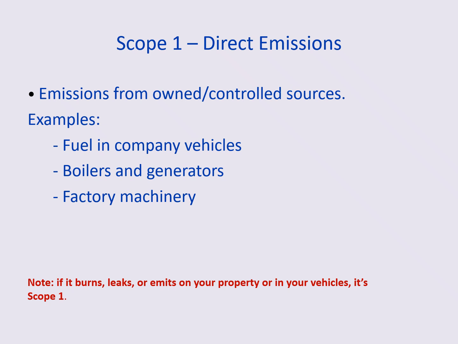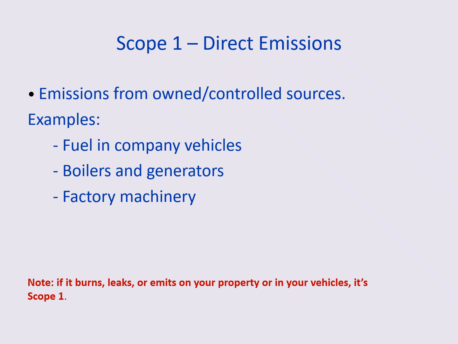Scope 1 direct emission. So we'll see what is scope 1. Emission from owned or controlled sources. If you own a source, or the source which you can control, the emission comes under your category. So that is direct emission. Examples to understand in a better way: fuel in a company vehicle. You have a vehicle, you are going to run that, then you need fuel.